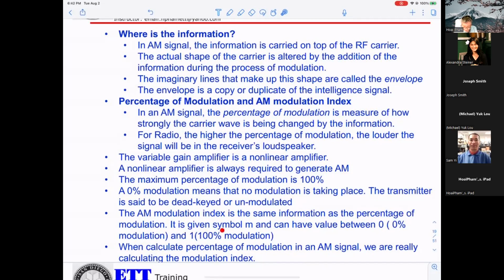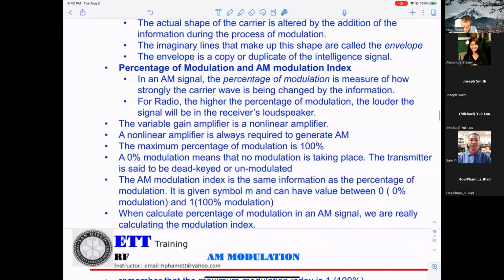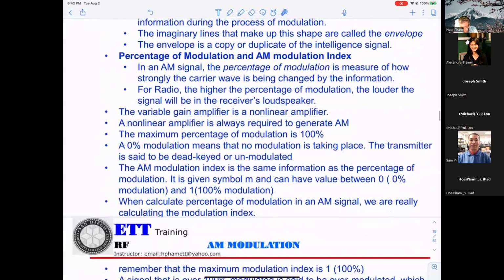It is given the symbol m and can have a value between 0 and 1 for 100%. When we calculate the percentage of modulation in an AM signal, we are really calculating the modulation index.